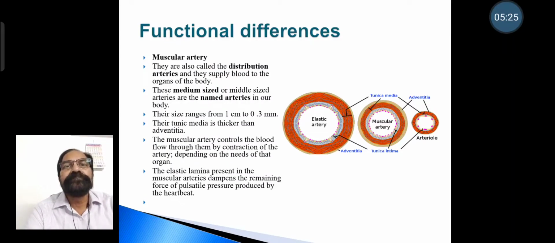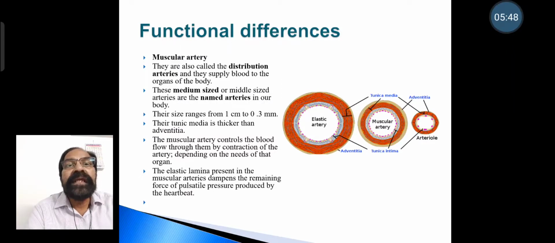Muscular artery. They are also called as distribution arteries, and they supply blood to the organs of the body. These medium-sized or middle-sized arteries are the named arteries in our body. Their size ranges from 1 centimeter to 0.3 millimeters.